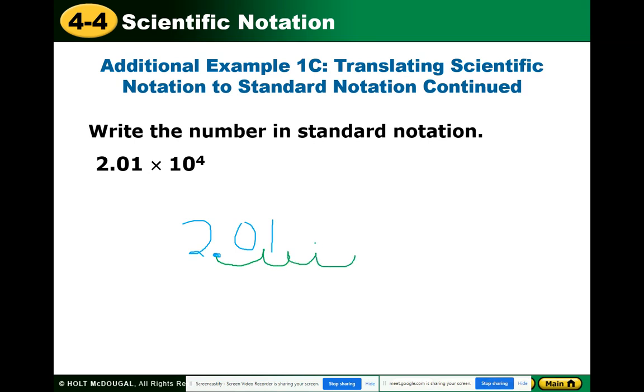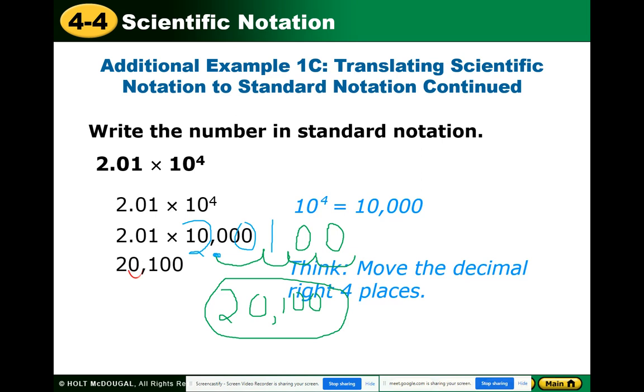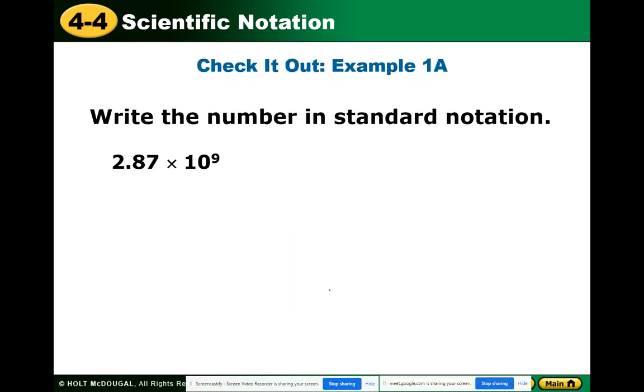How many zeros do I have to add, Christine? 1, 2. Okay. So our number did get bigger. 20,100. So when we have that positive one, there we go. Okay. Let's look at their work real quick. Yes, times 10,000. They start there.